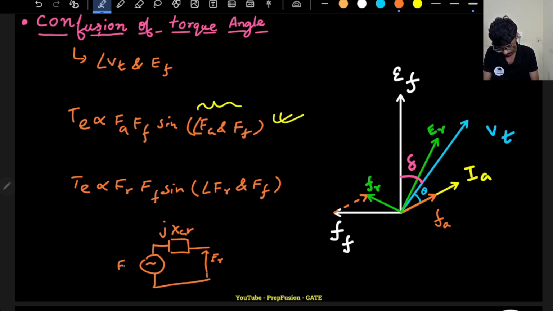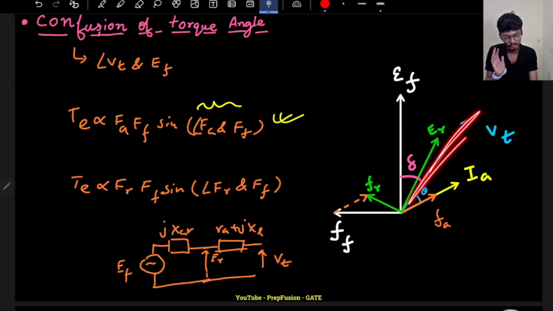This was my Ef, and after that I have Ra plus jXl, the leakage reactance. Then after this I have this Vt. Some mmf will correspond to this Vt, but generally we don't discuss it. So mostly the torque angle is the angle between Vt and Ef.